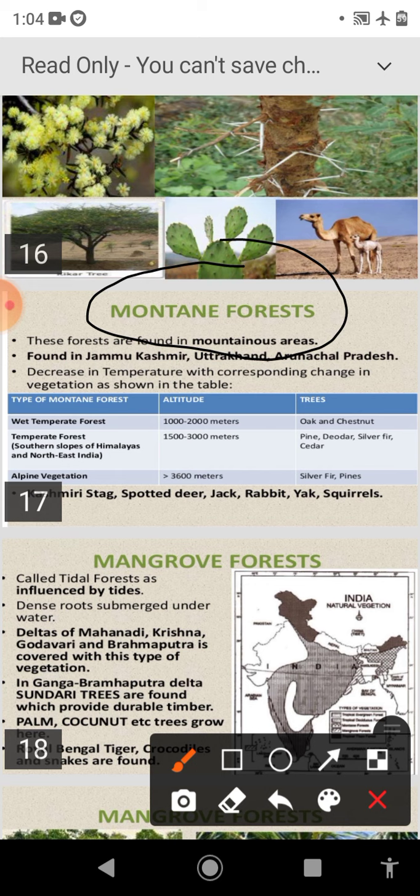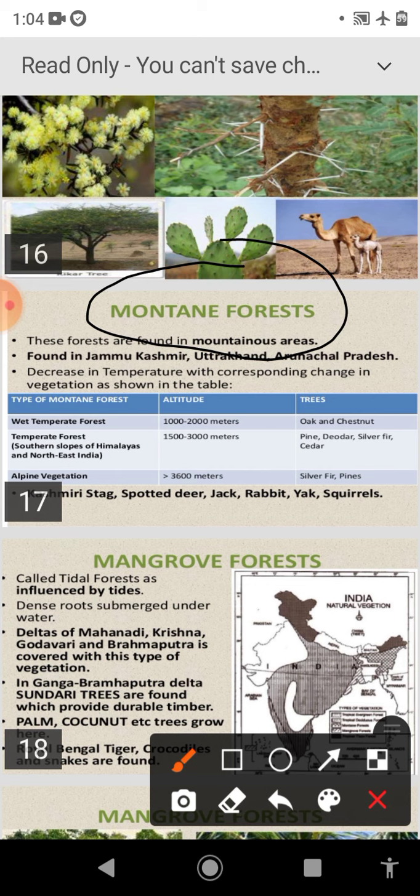As such, there is a succession of natural vegetation belts in the same order as we see from the tropical to tundra region. The wet temperate type of forests are found between the height of 1000 and 2000 meters. Evergreen broadleaf trees such as oaks and chestnuts are predominant.